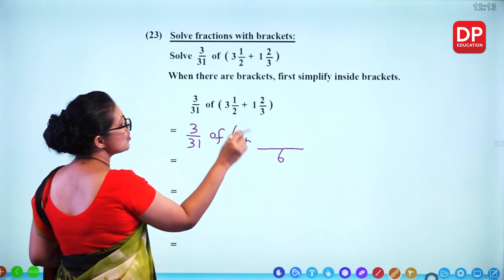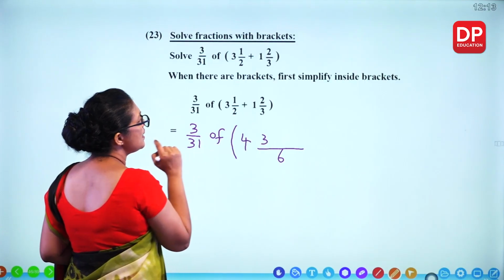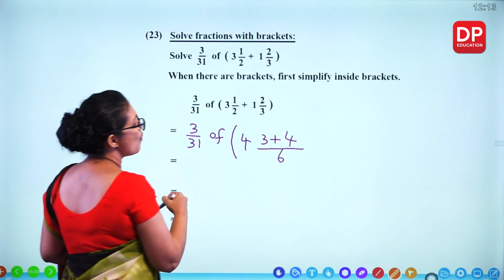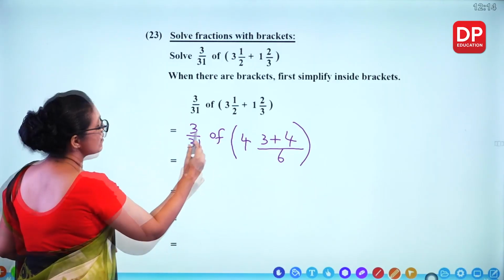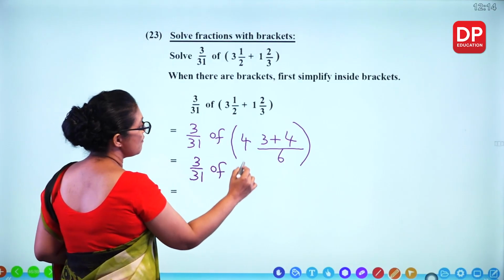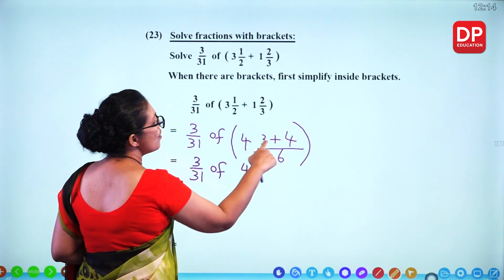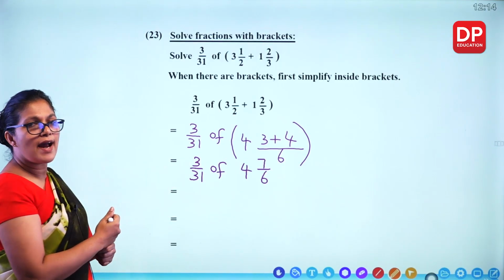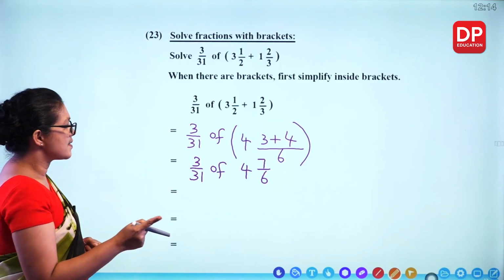Find the equivalent fractions. 3 here and 2 times 2, 4. So you get 3/31 of. Simplify this one. 4 and 7/6. 7/6 you can write as 1 and 1/6.